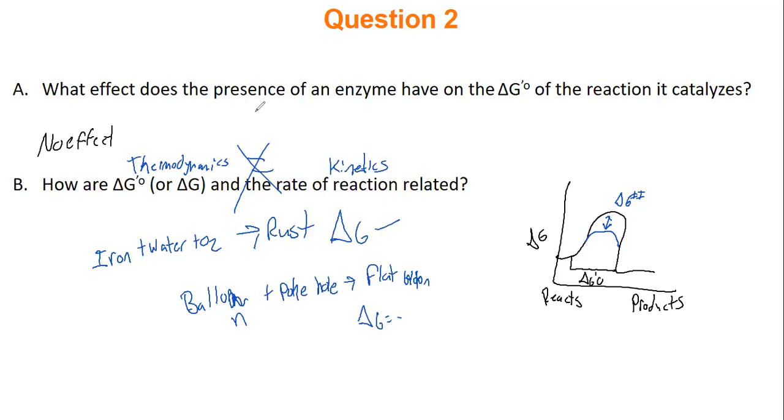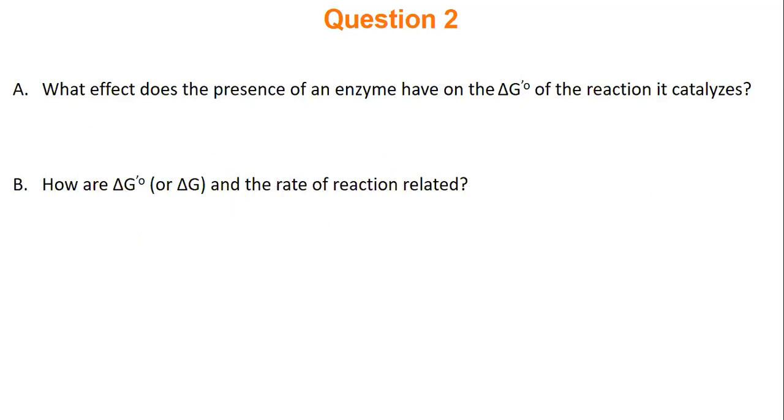A common trap I see is students will look at delta G's of our metabolism enzymes and see the ones with the big negative signs and think they go faster. They don't. You cannot tell me the speed of anything by delta G. So that's a little refresher on enzymes there.